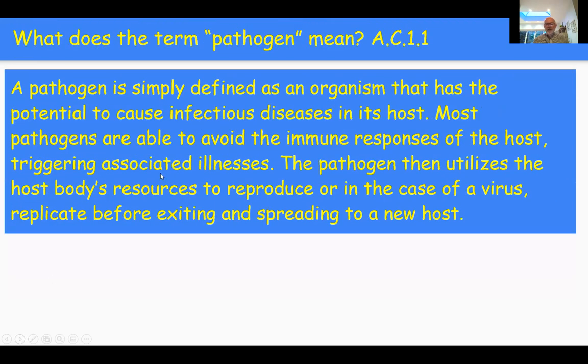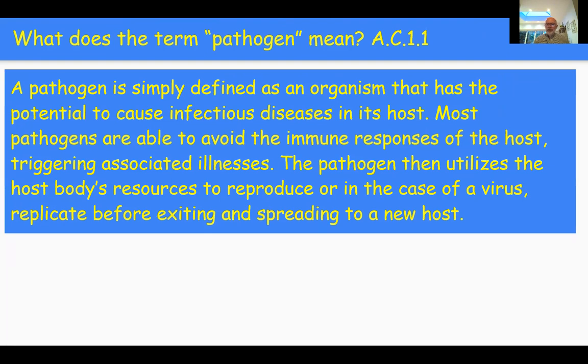So a pathogen is simply defined as an organism that has the potential to cause infectious diseases in its host, i.e. us. Most pathogens are able to avoid the immune system's response in the host, triggering associated illnesses. It sometimes takes time for our immune system to actually overcome the pathogen in question.